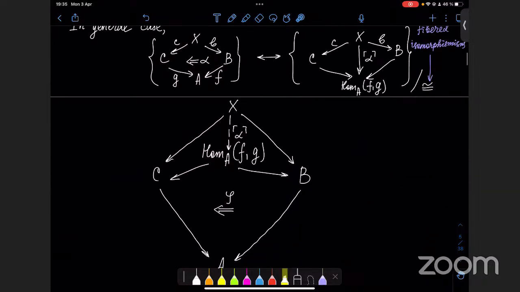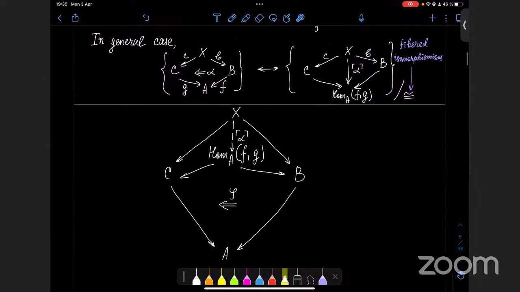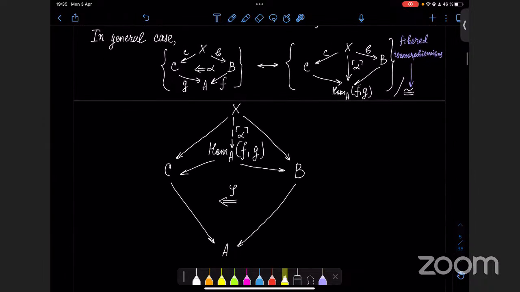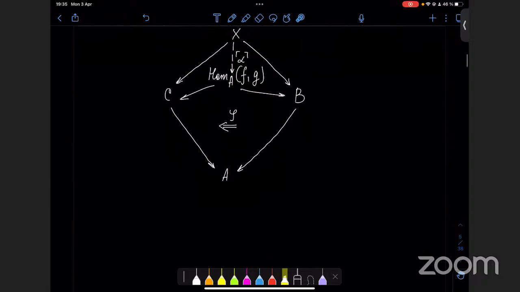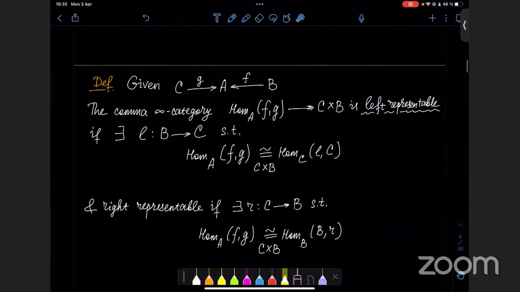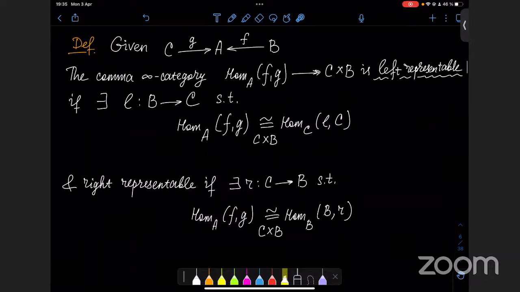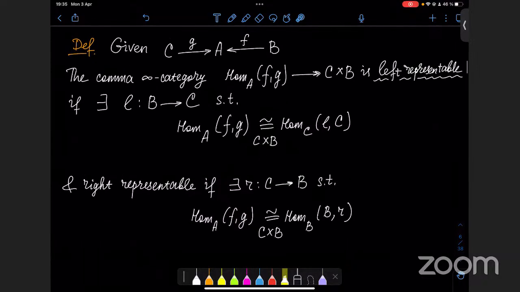In general we have the same situation. You just should factorize this diagram through the natural 2-cell, and you will have this alpha. This is just from the general construction. Now, suppose that we are given the following cospan.